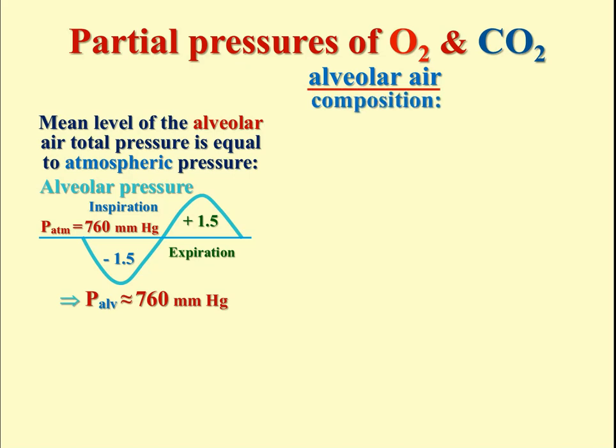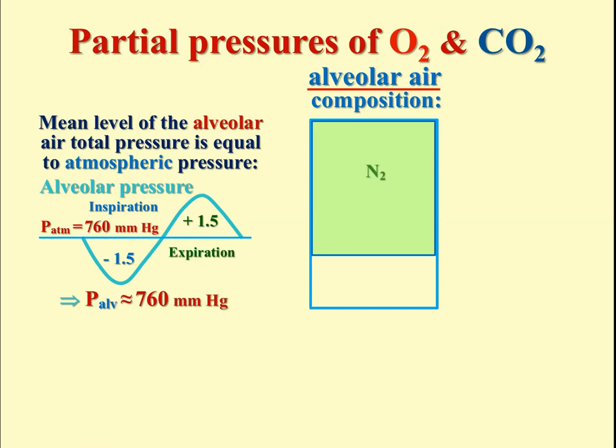And now let's consider the composition of the alveolar air. Of course, it consists of the same gases as the atmospheric air, just in different percentages. As for atmospheric air, and similarly for the alveolar air, the number one component is nitrogen, which makes about 80% of the whole gaseous composition.